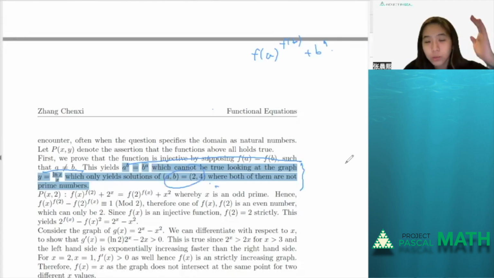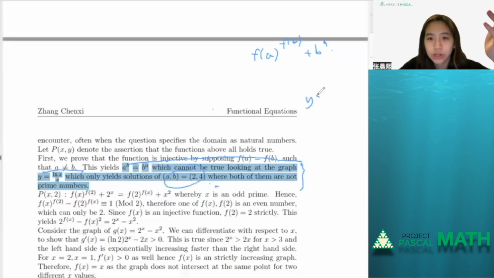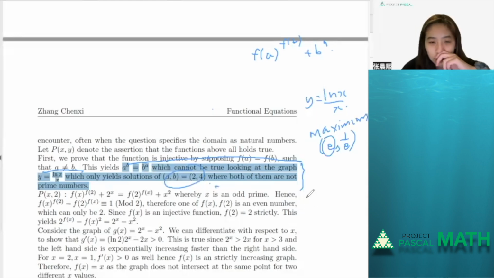And well, how do you prove this thing? It's not really important, and if you really want to do it, you can just use calculus, honestly. It doesn't hurt using calculus to do math Olympiad problems, I personally think. Once you differentiate this thing, the maximum point is at e and 1 over e. So e is the maximum point, and the graph itself, if I'm not wrong, will look something like this.